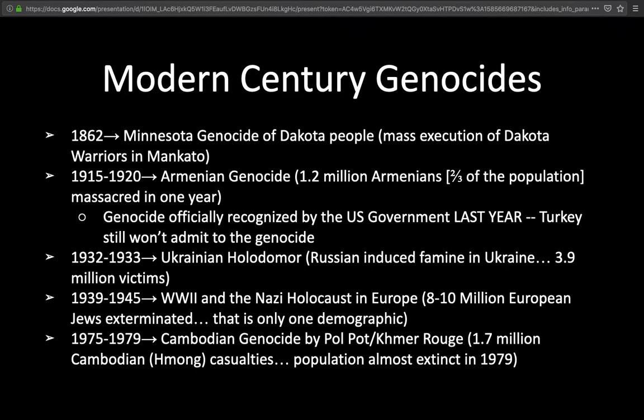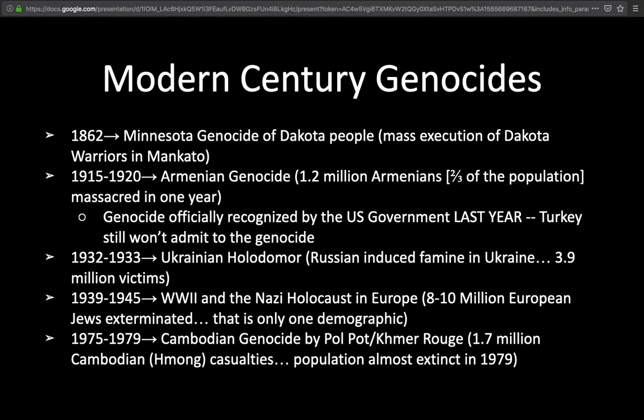1975 to 1979 was the Cambodian genocide by Pol Pot and the Khmer Rouge regime. This was 1.7 million Cambodian, predominantly Hmong casualties. And by 1979, that population was almost extinct. This is a large reason for the high Hmong refugee population that we have in St. Paul.